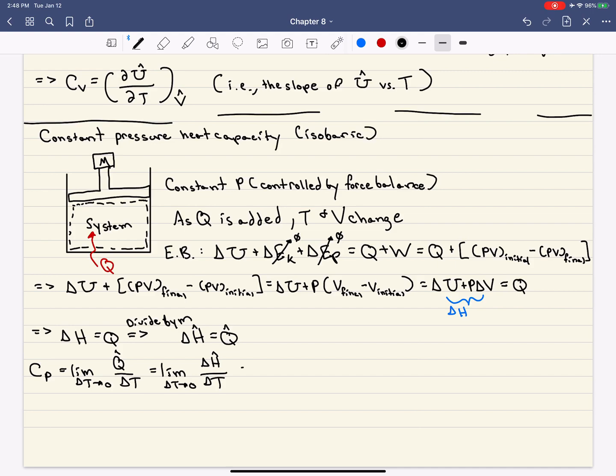And if we go full force with our definition, that means our Cp is equal to the partial derivative of the enthalpy with respect to temperature at a constant pressure.